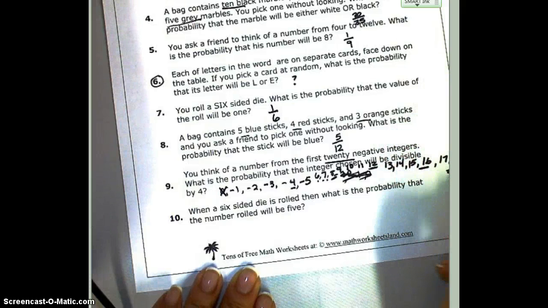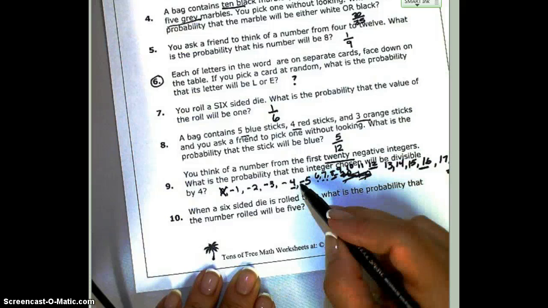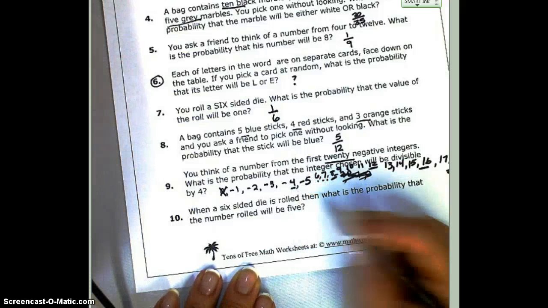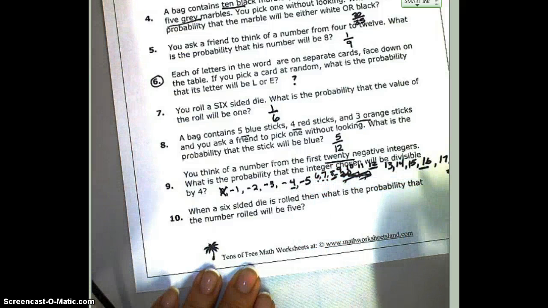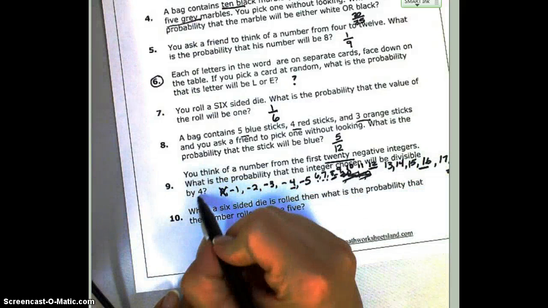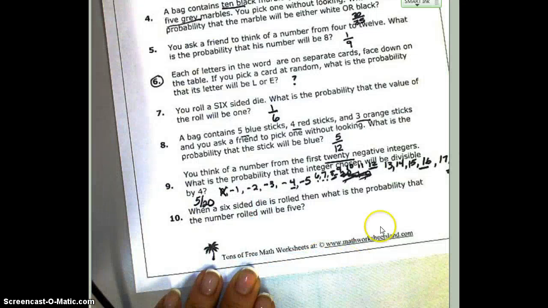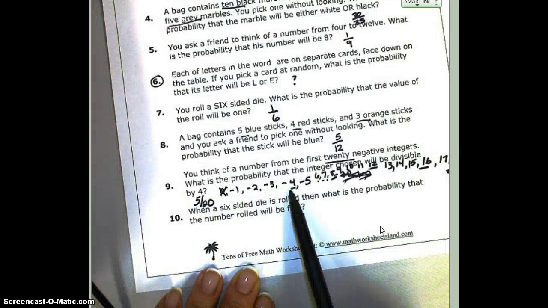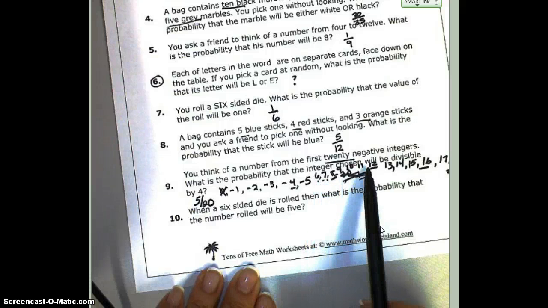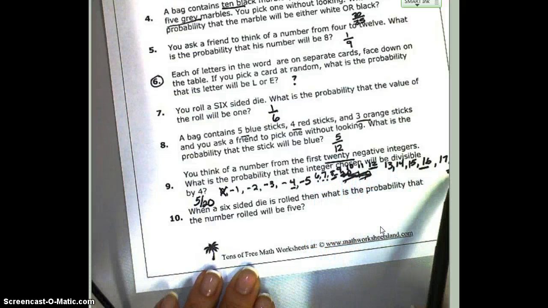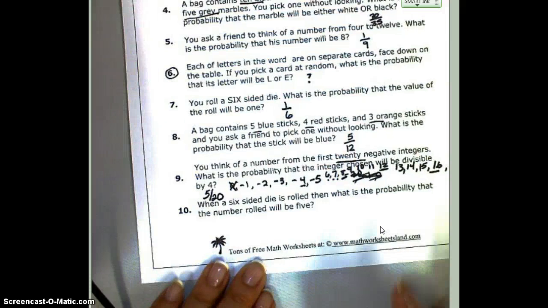So that was 1, 2, 3, 4 possible on that one. And I wonder if I'm missing one, because my result should be 5 out of 20. That's what my answer key says, so I must be missing one in there. 1, 2, 3, 4, 5. I missed one, sorry about that. So 5 out of 20.